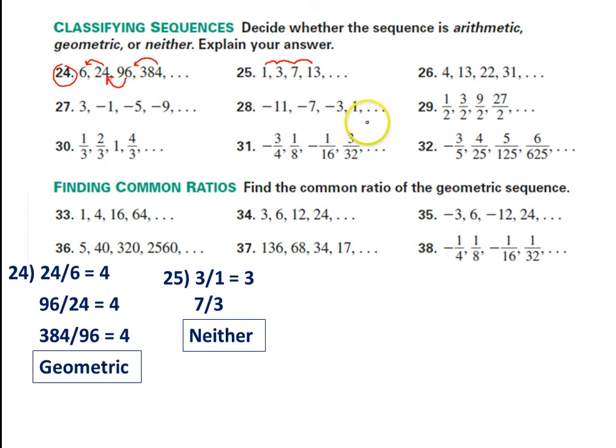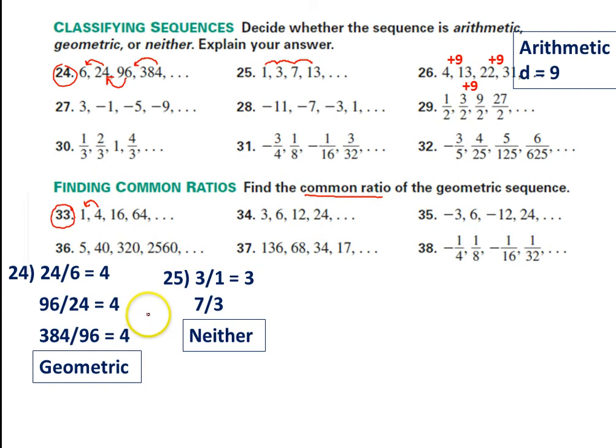How about 33? Find the common ratio of the geometric sequence. Oh, I skipped one. I'm sorry. Let's look at 26 first.